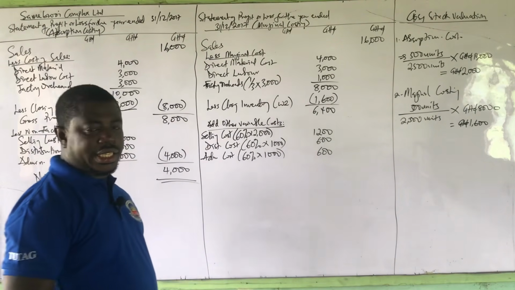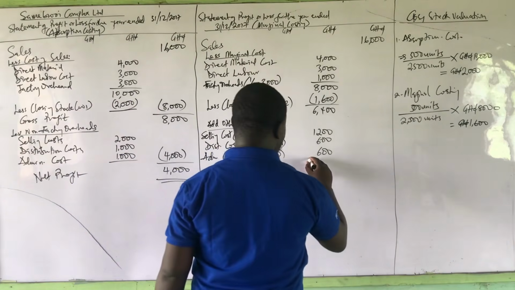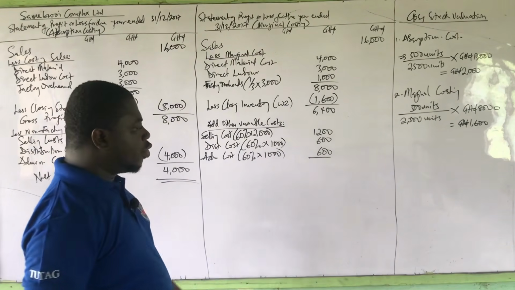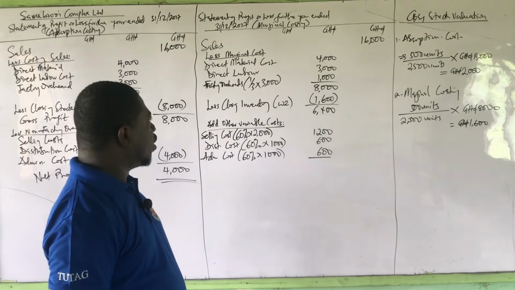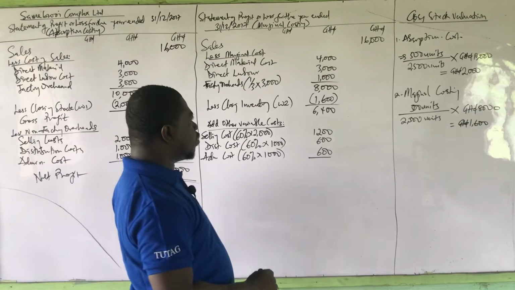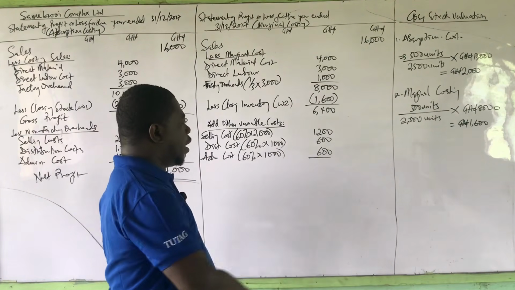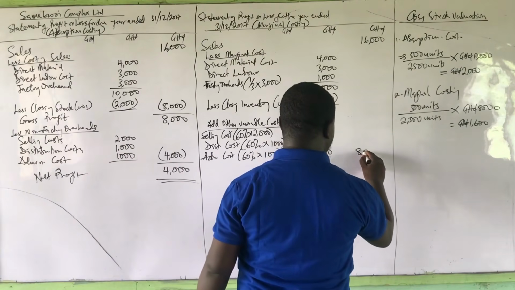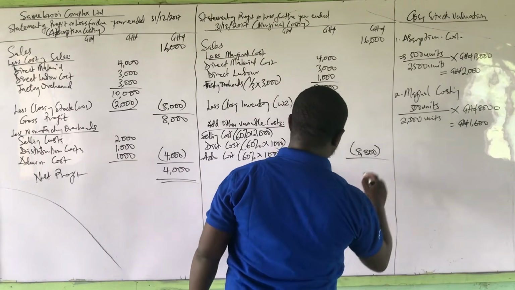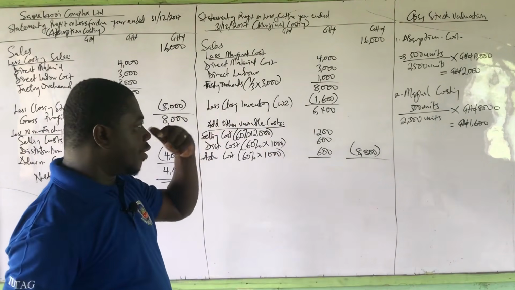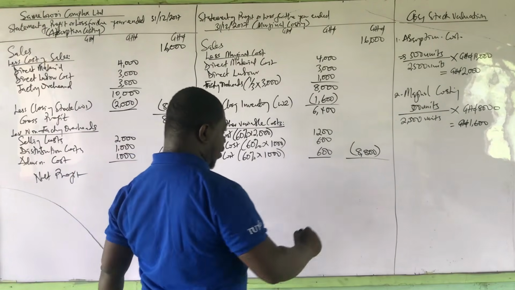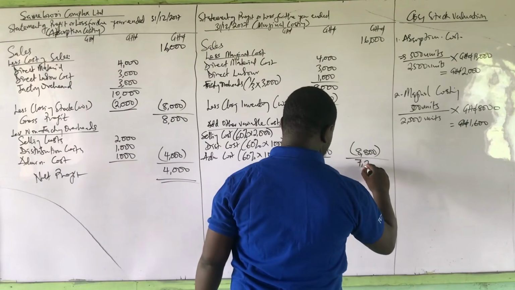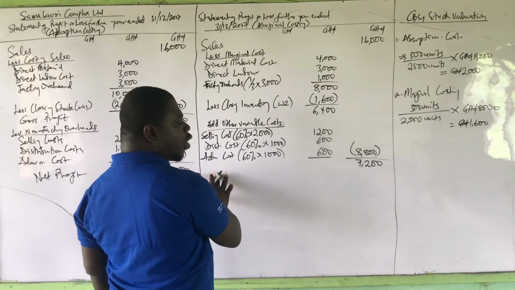So now we are set with the variable costs. When we add them, then we are going to get total variable cost or total marginal cost to be taken out of sales to get contribution. And that is going to be 8,800 Ghana cedis. So when we take out 8,800 from 16,000, we have 7,200. And we are not going to call it gross profit.